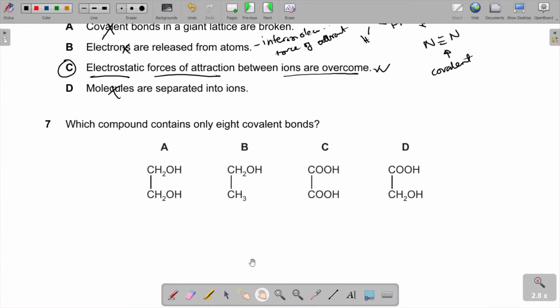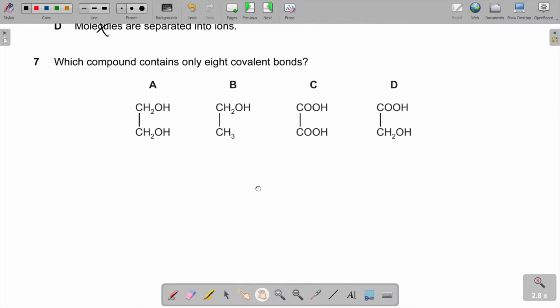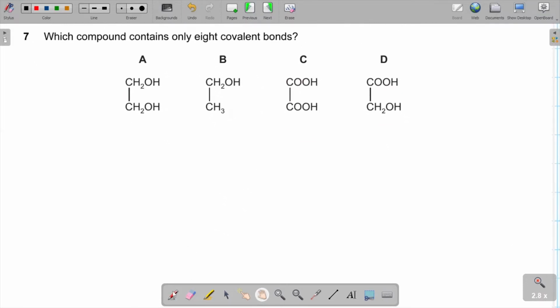Let's move on to the next question. Which compound contains only 8 covalent bonds? For these, we need to break them down. So this carbon is connected with one other carbon, and this carbon has 2 hydrogen atoms, followed by this carbon also having 2 hydrogen atoms.